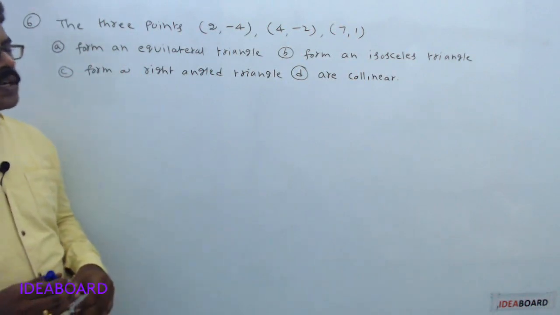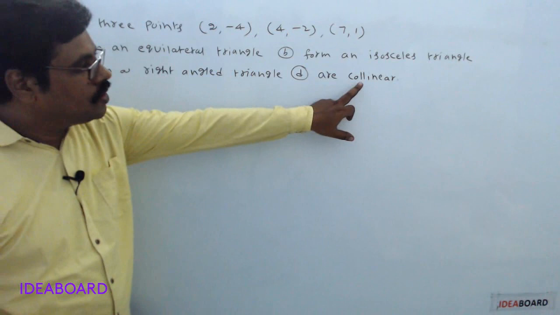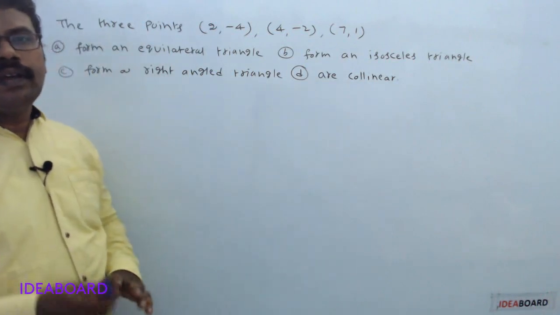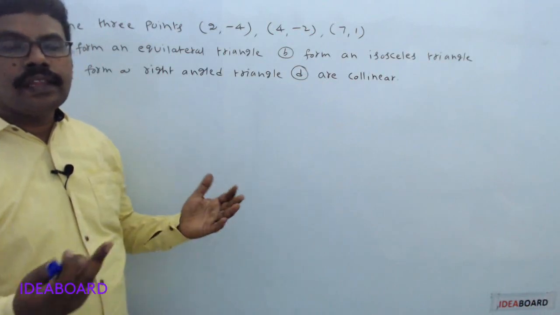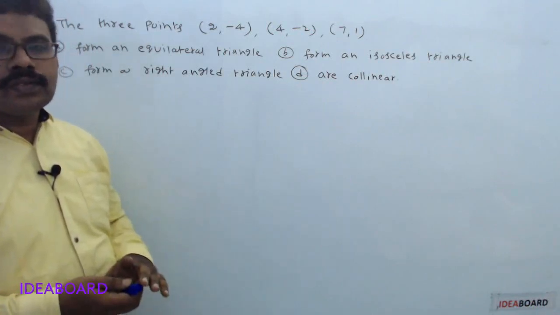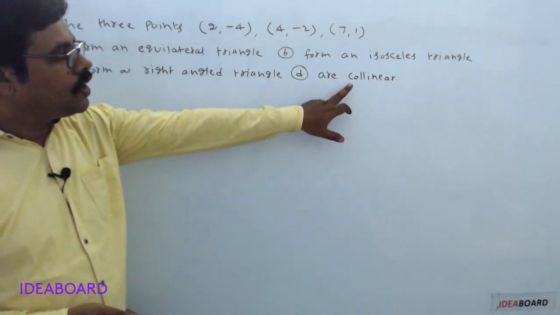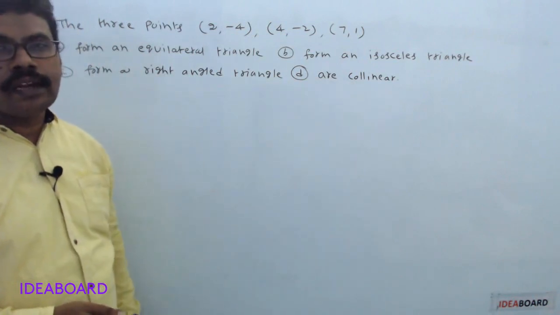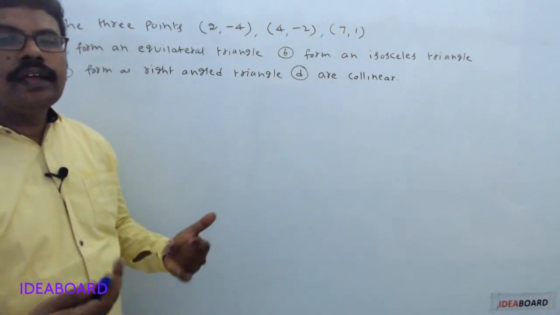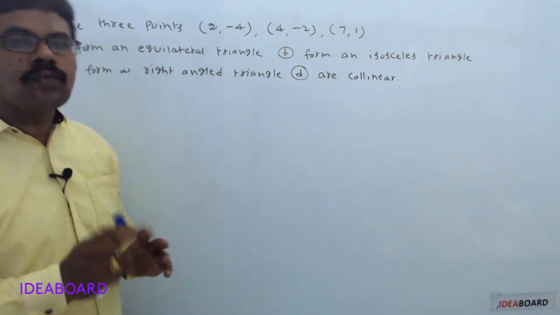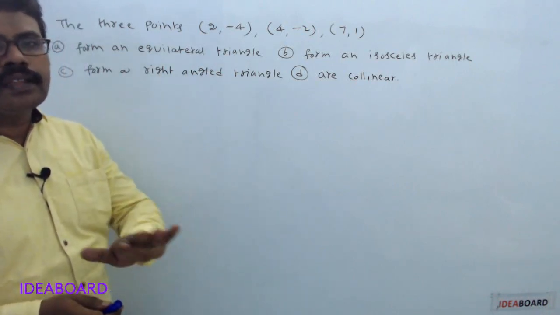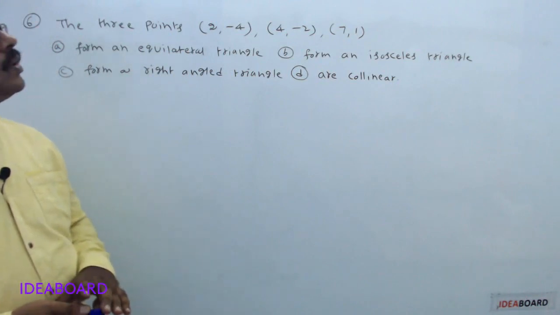First, if you look at the options, collinear is there. If these 3 points are collinear, then there is no triangle. So first of all, you have to verify the collinearity condition. If points are collinear, then there is no triangle. If points are non-collinear, definitely there is a triangle.